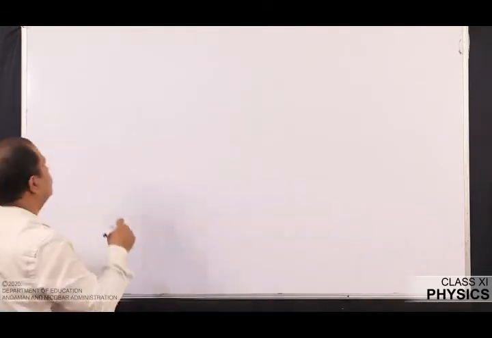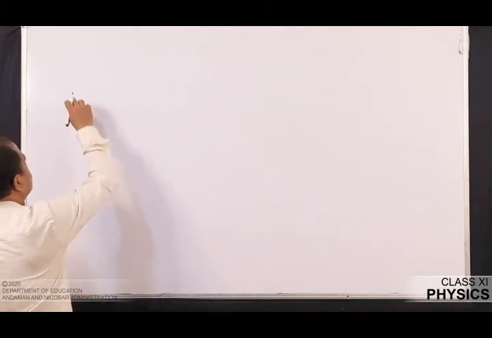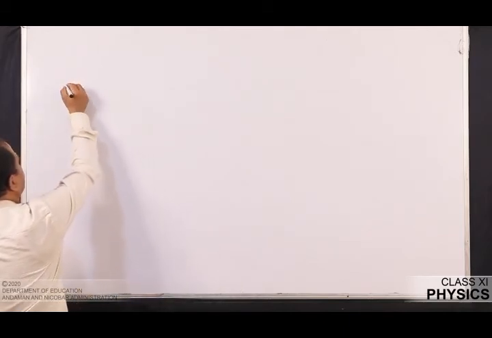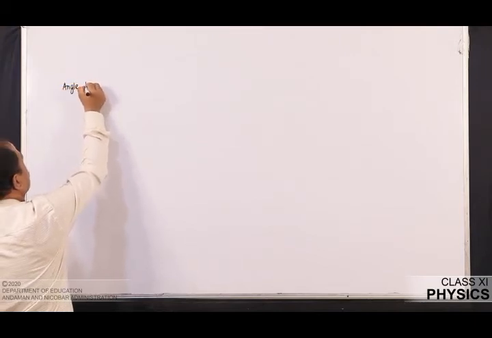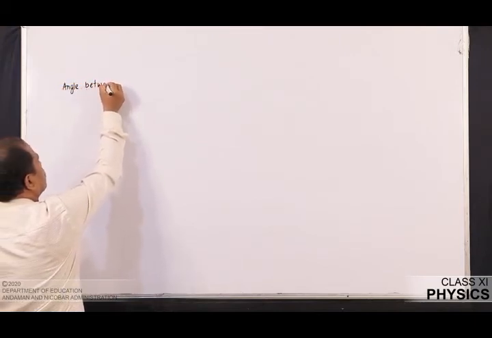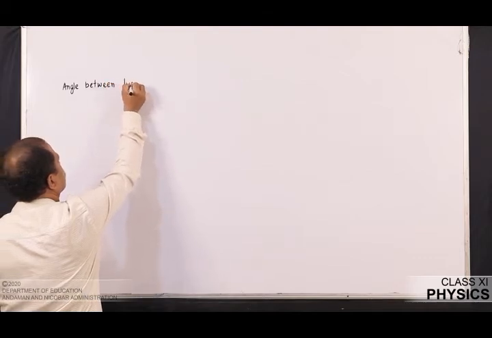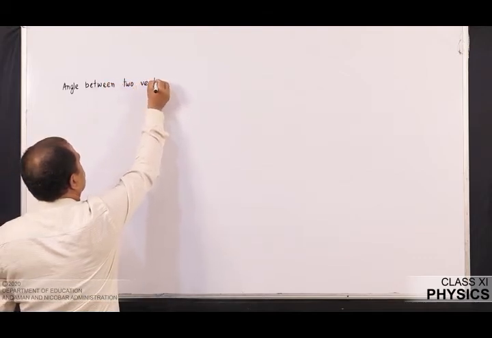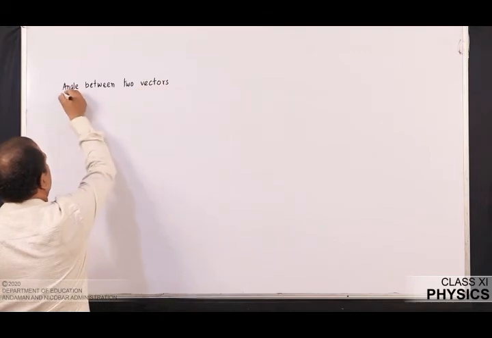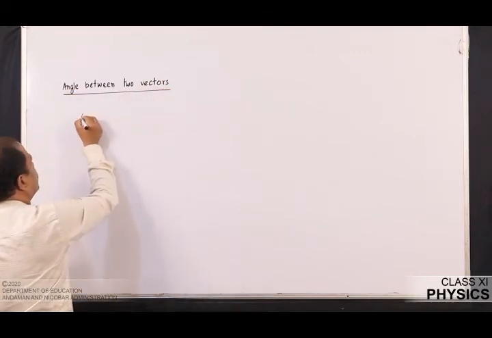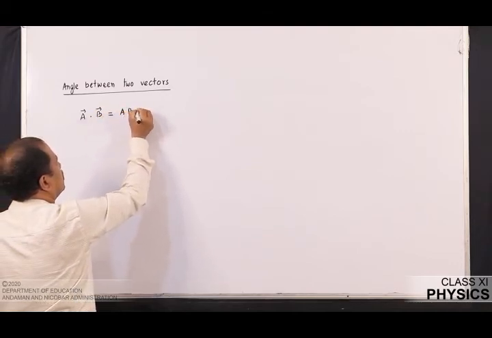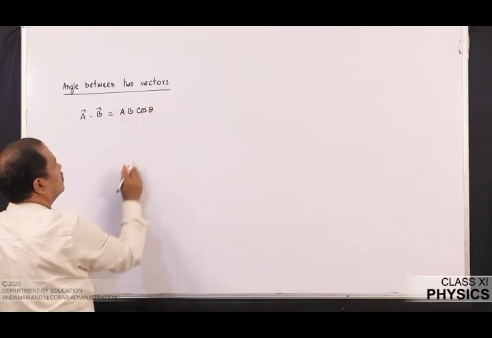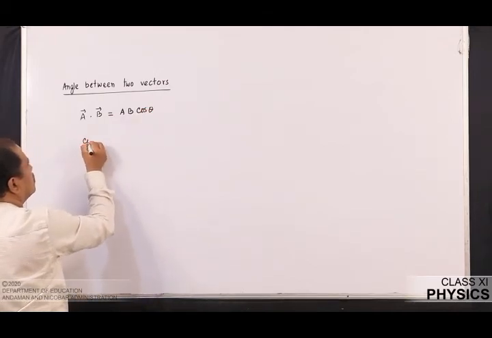Next, using the dot product, we can find the angle between two vectors. How? Let me say I have one vector A, the other vector is B. I know that the dot product is nothing but AB cos theta, and I want to find theta.